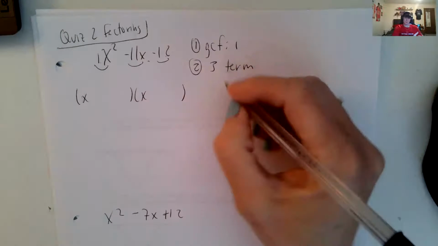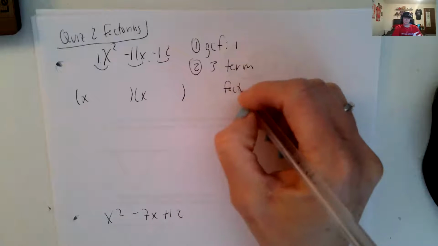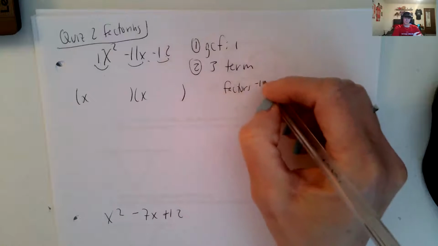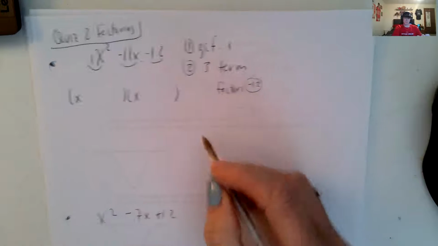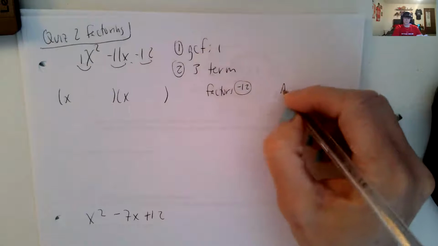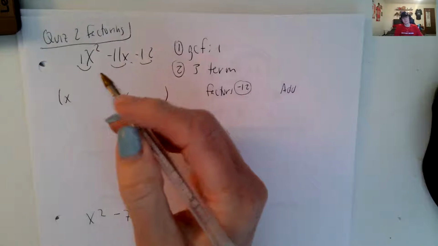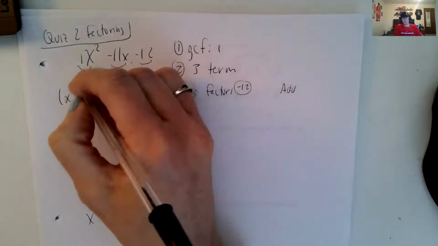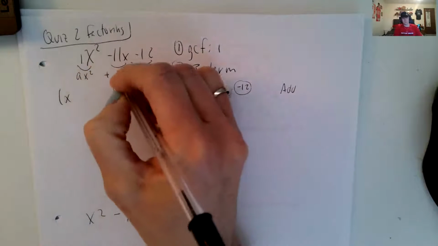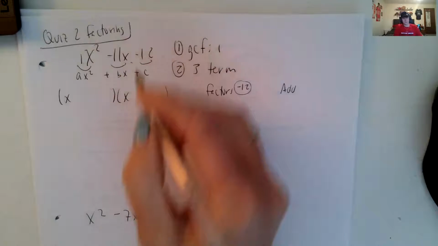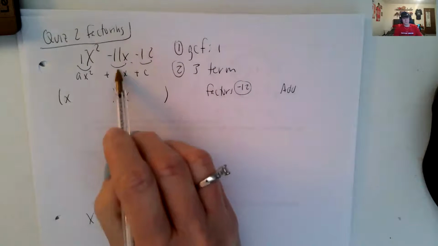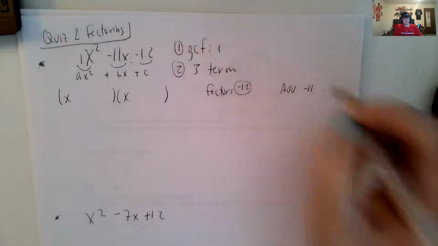I'm looking for factors of a negative 12 which add to make the middle term. In a quadratic, ax squared plus bx plus c, we're looking for numbers that add to make the b, which in our case is a negative 11.